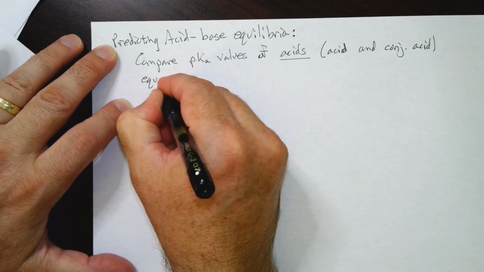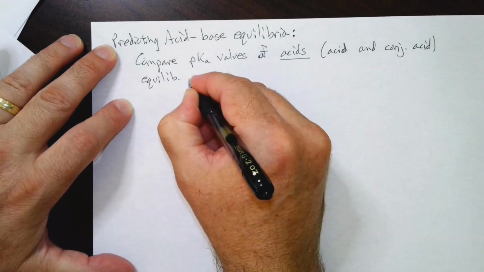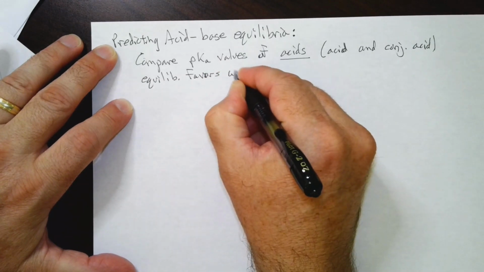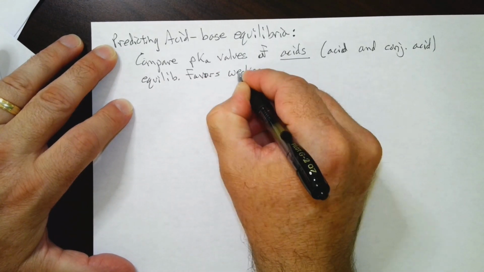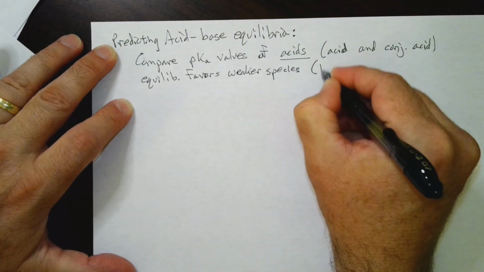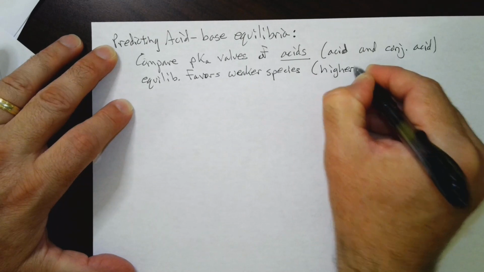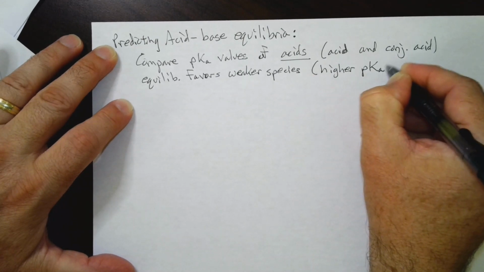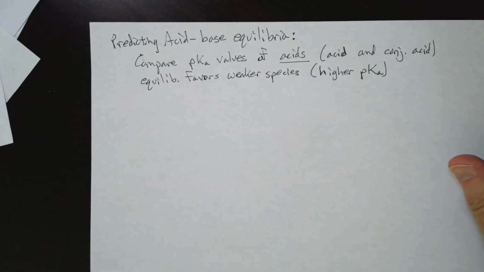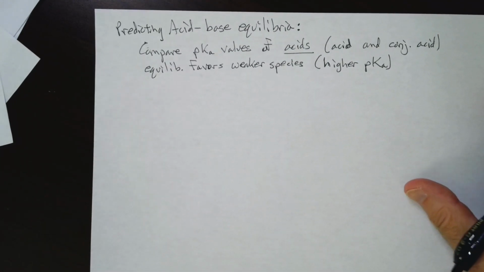And then our equilibrium favors the weaker species. And that would be the higher pKa. Okay, we're not going to worry about Kas because we're not doing ice tables and stuff like that. We're just going to look at pKas.